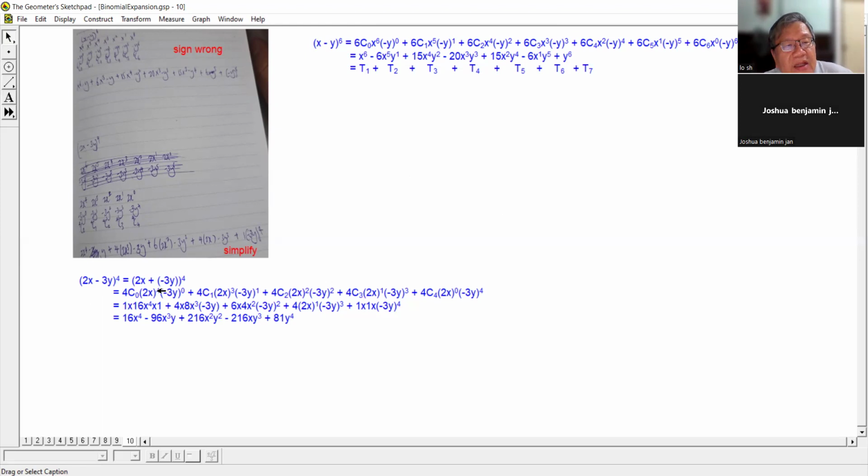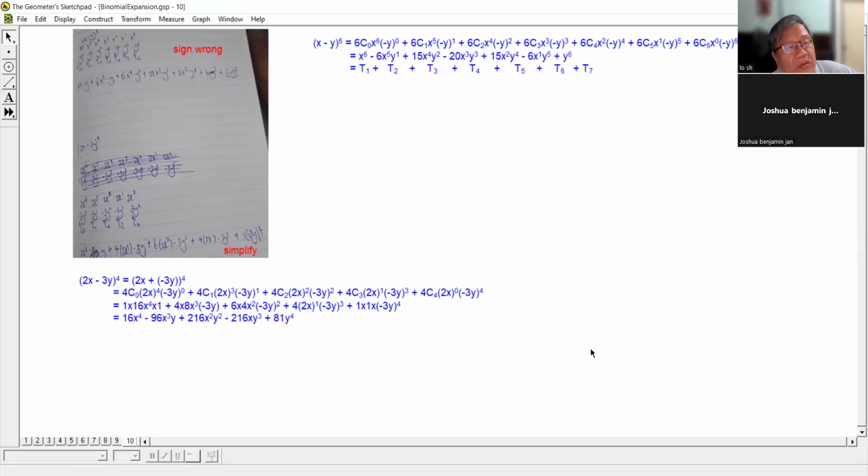And regarding the power, the maximum is 4, so you start with 4 minus 0, 4 minus 1, 4 minus 2, and so on. So now we look at the first term. This is the first term, the second term, the third term, the fourth term, and the fifth term.